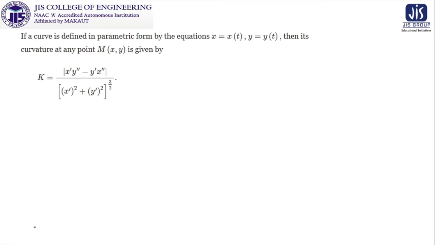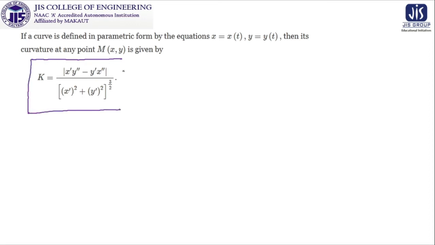But before going into that, in some cases the curves may be represented in parametric form, like x equal to a cos theta, y equal to a sin theta. We know that it is the equation of the curve x square plus y square equal to a square, but it is represented in parametric form. So if the curve is defined in parametric form by the equations x equal to x(t) and y equal to y(t), then we will use this particular formula for finding the curvature of that curve at a given point.